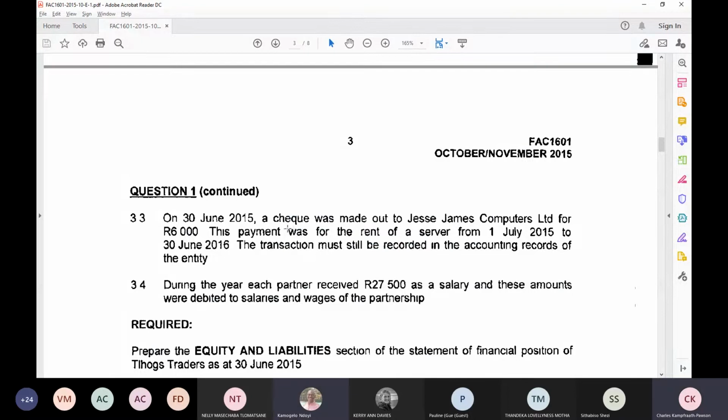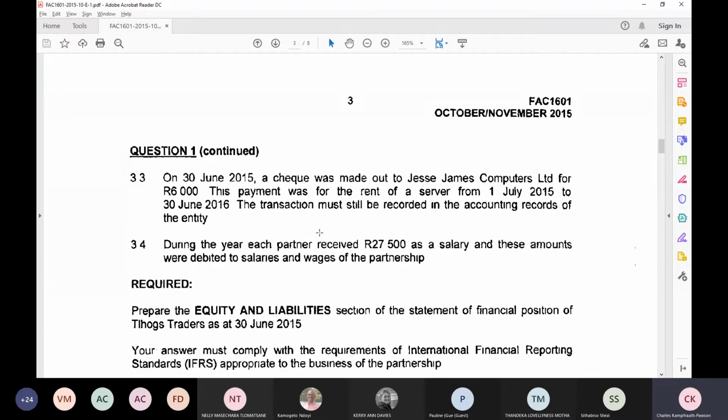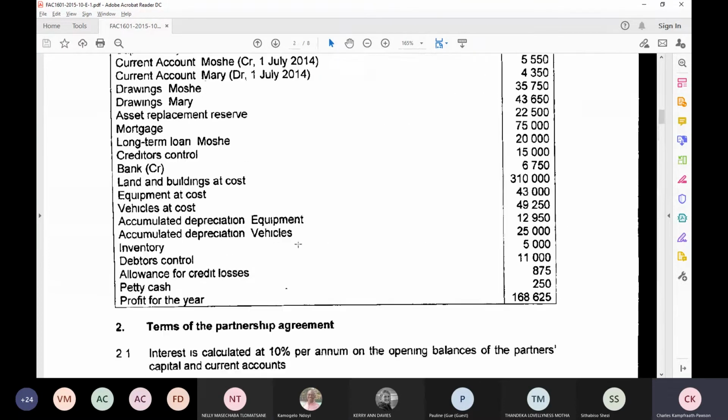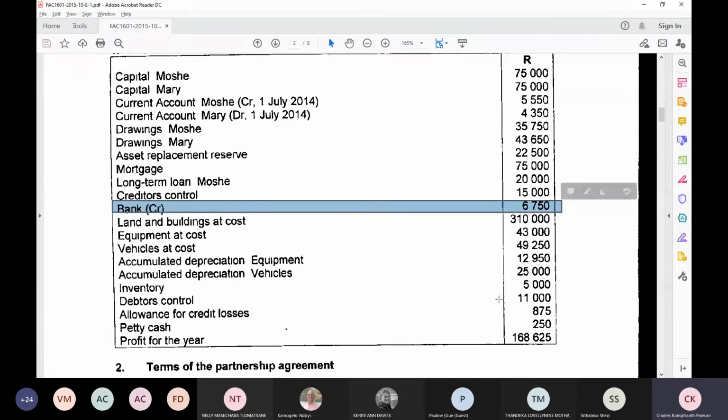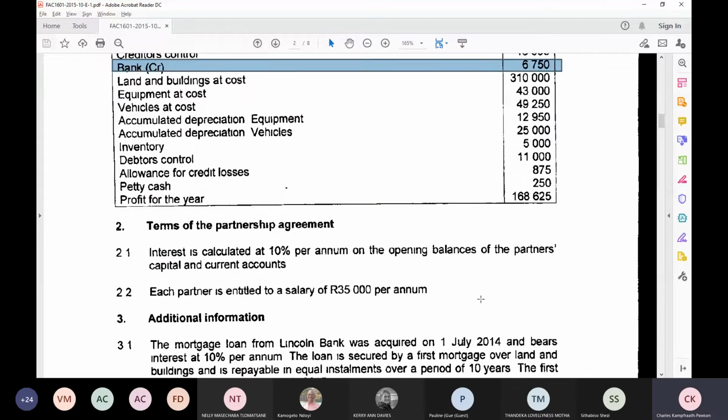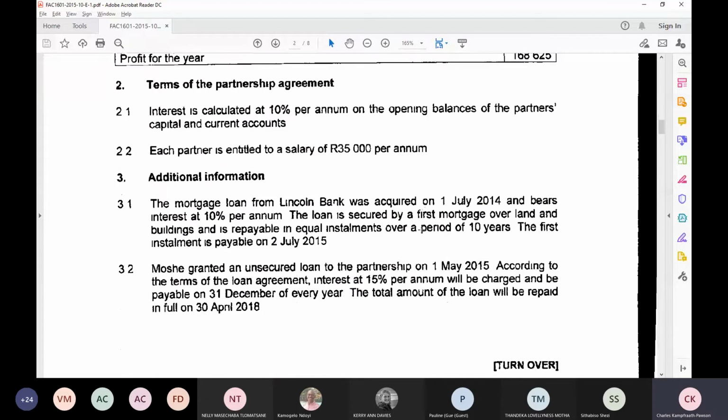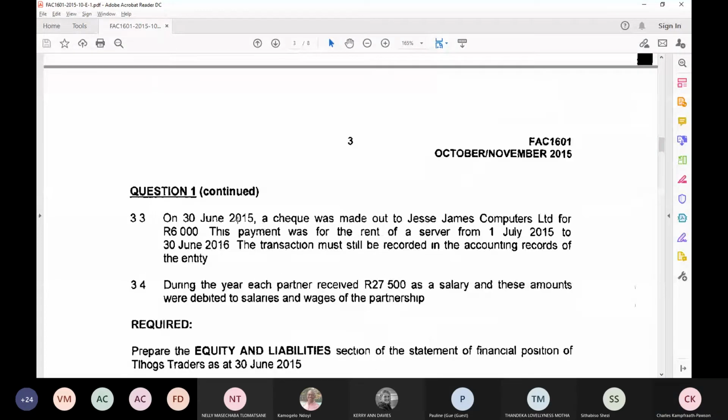The bank is, and there we hit the nail on the head. Because if we look at bank, it is currently an overdraft of 6,750, and that payment is 6,000. But now you must remember what we record in our statement of financial position.